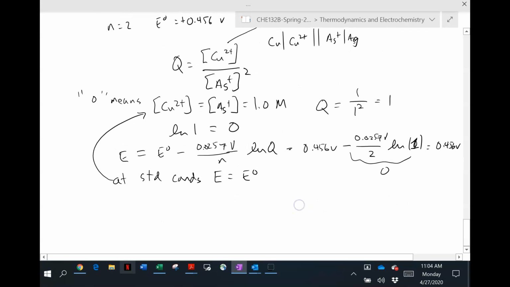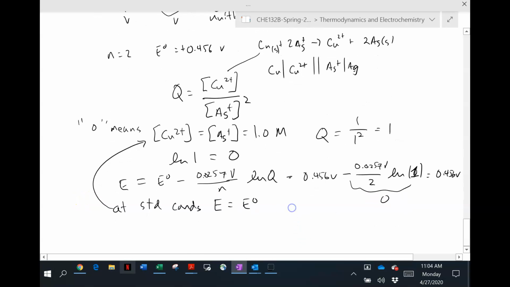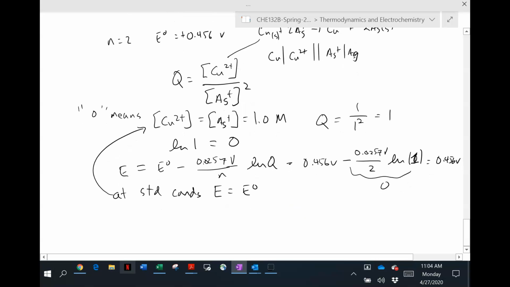All right, let's say that instead we run this reaction for a little while, and the solution gets blue from the copper ion, and the silver begins to form on the copper metal. And we arrive at a condition where, say, the copper ion is at 1.0 molar, but the silver ion is at something like 1/10 of a molar.